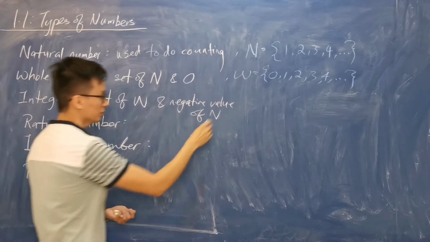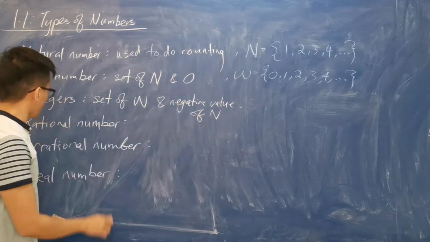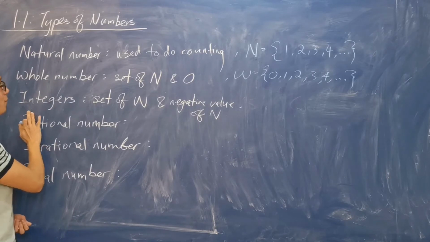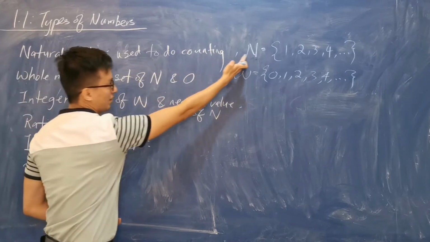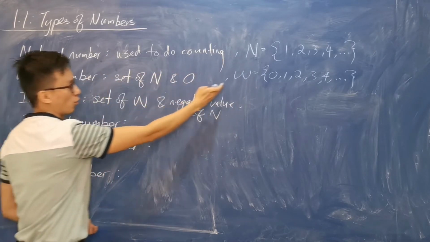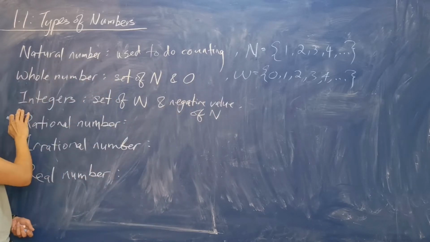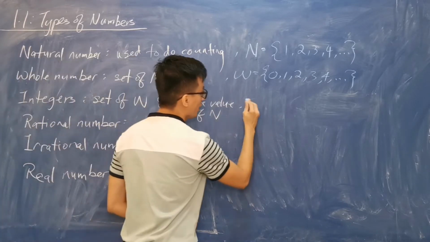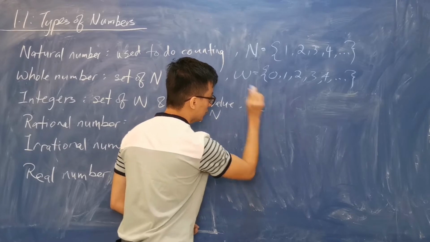So, this must be very careful. For natural number, we use n. For whole number, we use w. But for integer, we cannot use I, we use z.